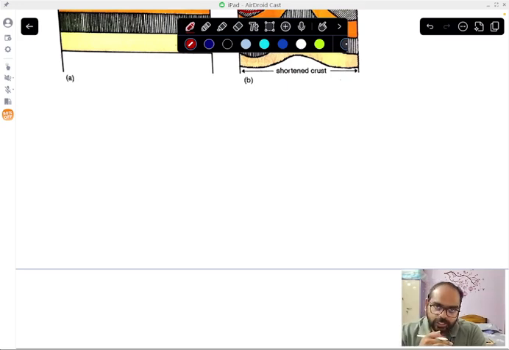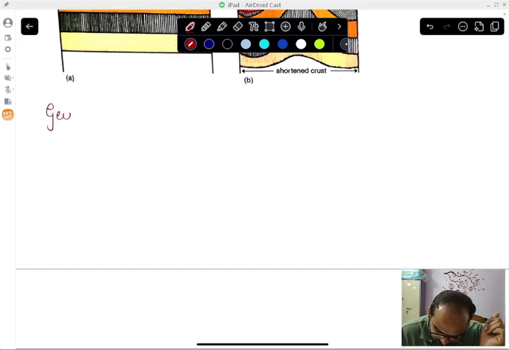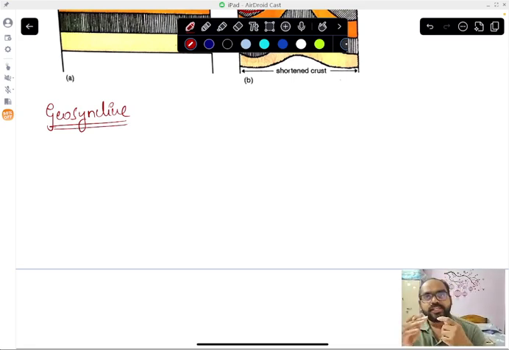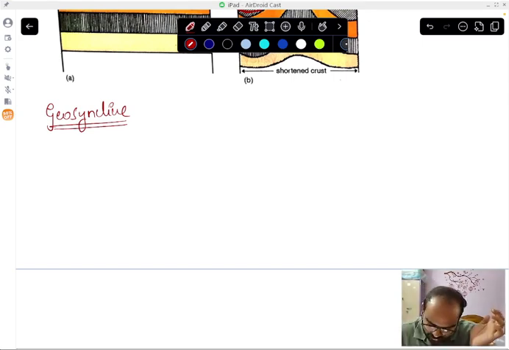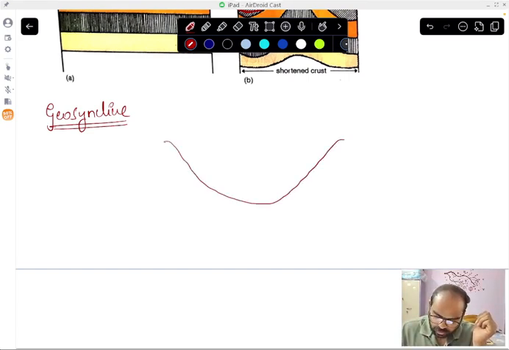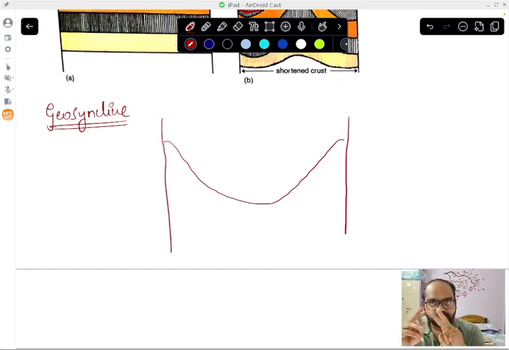there is another concept called geosyncline. Geosynclines are nothing but long, narrow belts that have two continental masses on either side.